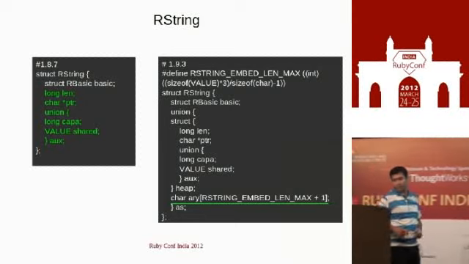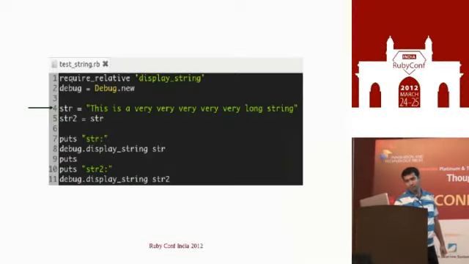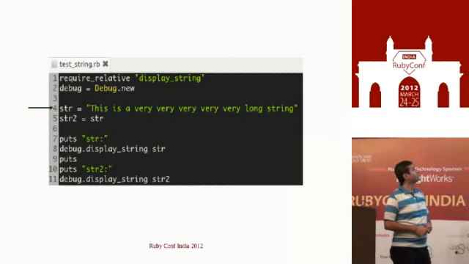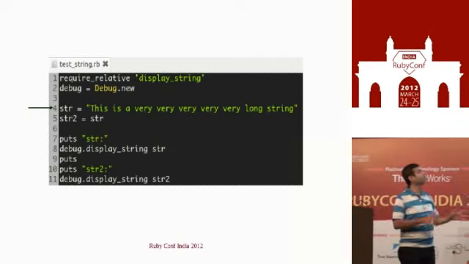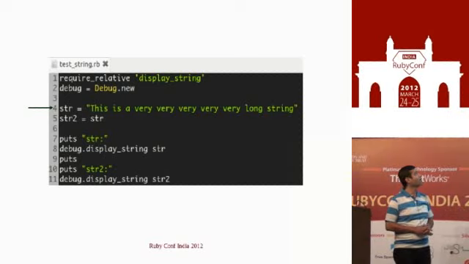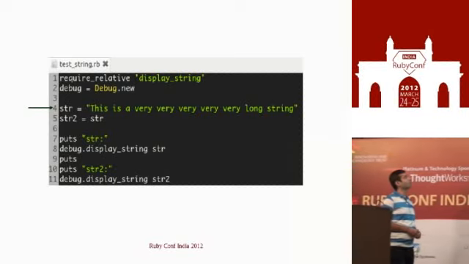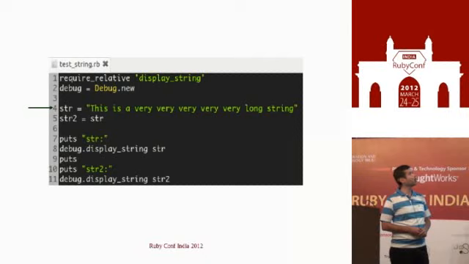Okay, now let's take some examples. This is a very simple example. I am creating a string. This is a very long string, and I am just copying the string from the str variable to str2. I am also creating one class, Debug.